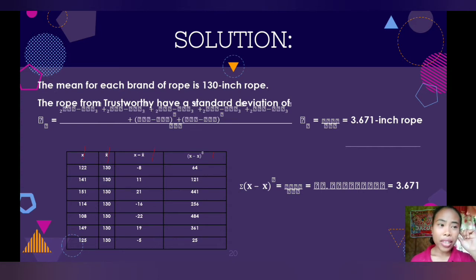So we have 13.47693230769. So we have to square root it so that we will come up with 3.671, the standard deviation of the Trustworthy company.